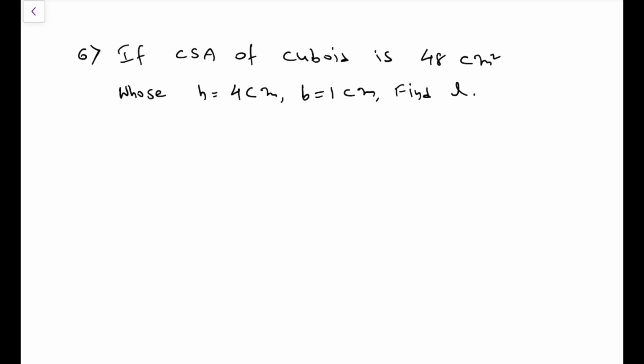Moving to the next question. If curved surface area of a cuboid is 48 centimeter square and height is given as 4 centimeter, breadth is given as 1 centimeter, then find L, nothing but length of the cuboid. So what is the formula for CSA of cuboid? That is 2h into (L plus B).